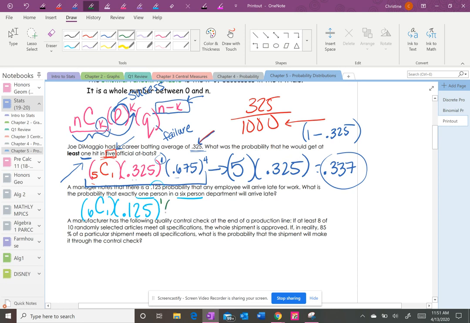This is where you do math. Your probability of failure is 1 minus 0.125, or 0.875. How many people are left to fail the test? 5. Put this in the calculator.